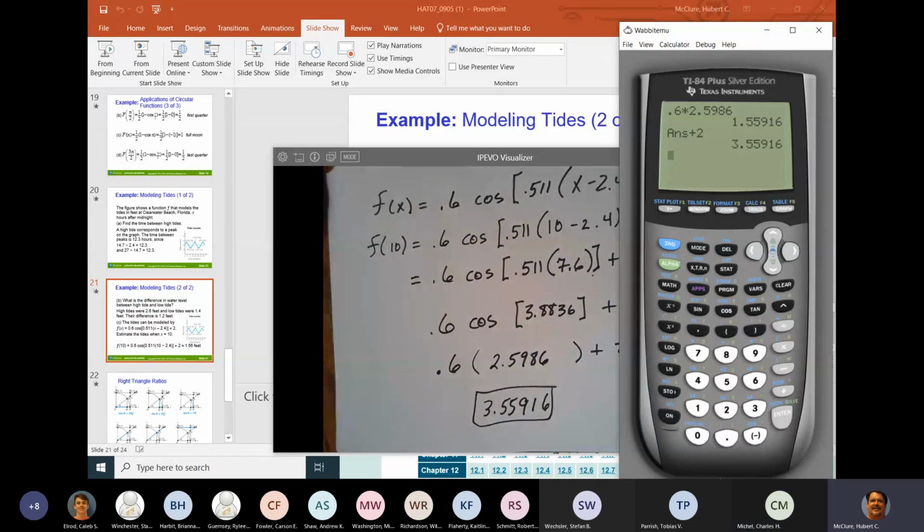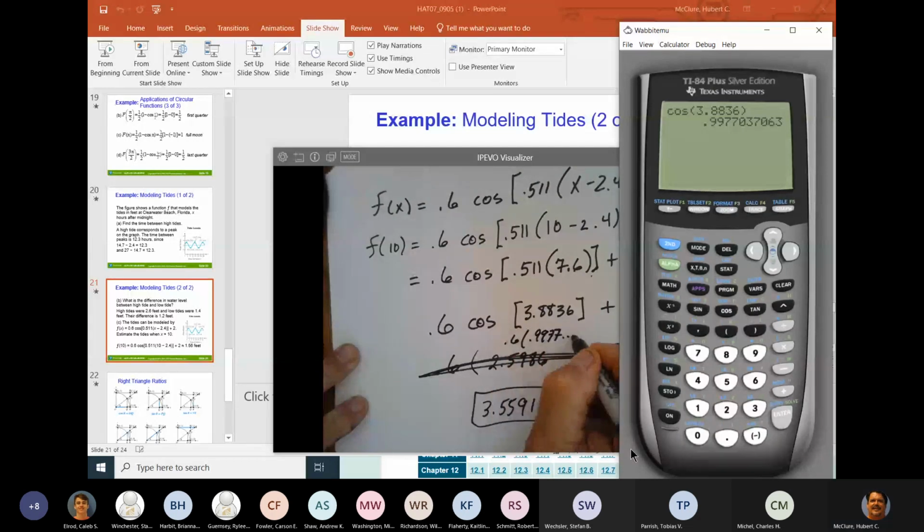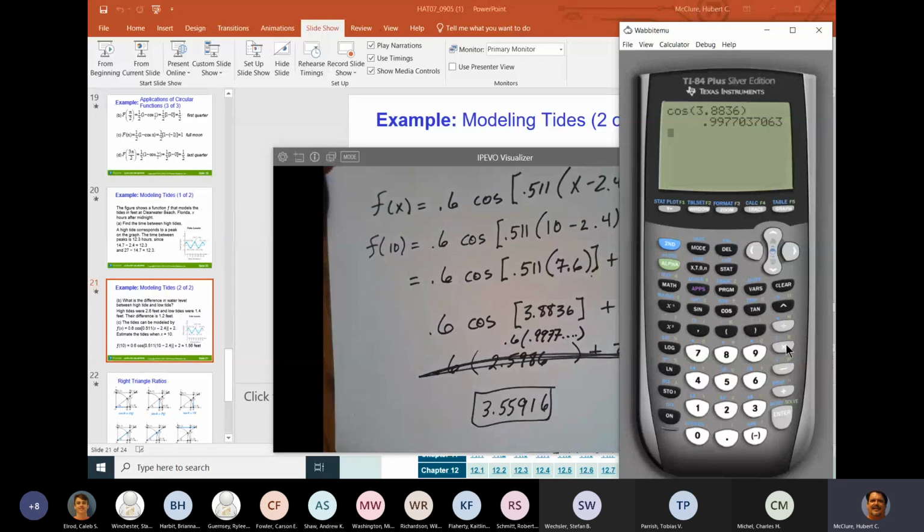All right. Let me go back and do it. Cosine of 3.8836. Y'all check to see if y'all got this. I got 0.9977. Yeah, that's what I got. So 0.6 times 0.9977, and add 2.